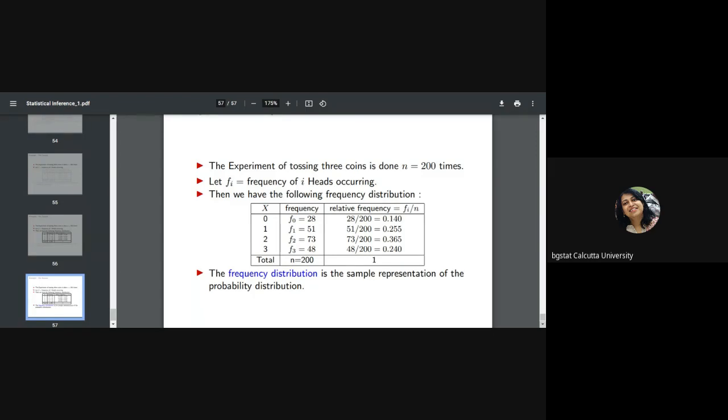Here, my last column is the relative frequency. The relative frequency is the sample version of the probability. It's your best guess for the underlying population probability if you don't know it. The problem of inference here would be to try and guess the value of pi based on this observed data.